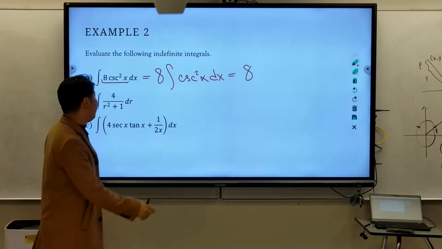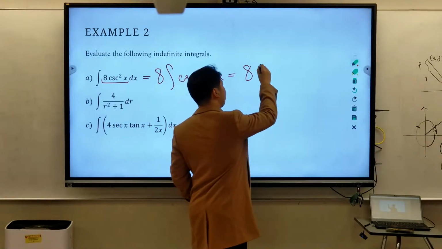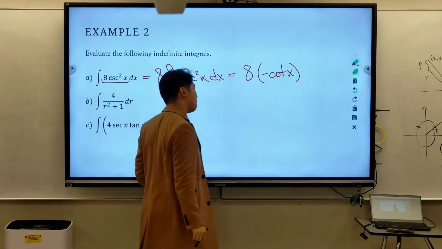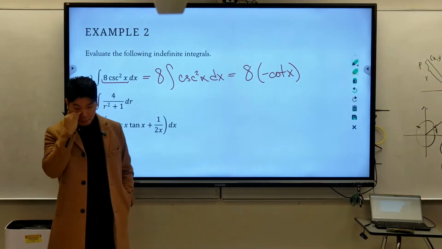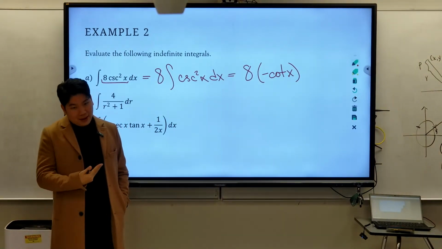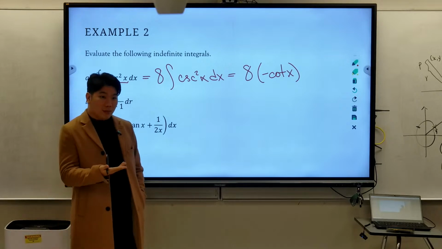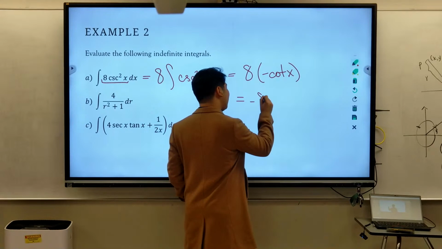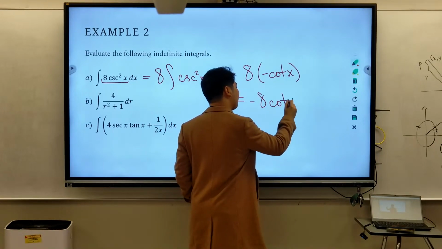Therefore, if I want to get positive cosecant squared, I need negative cotangent of x. And really, the only thing I can do from here to clean it up is multiply 8 and -1 to give me -8 cotangent of x.